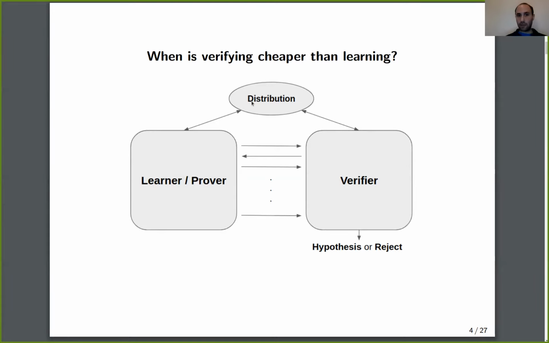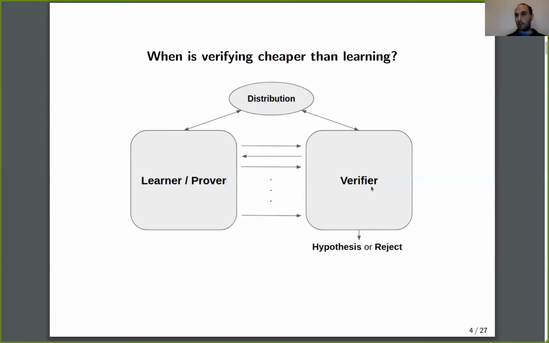The prover can also take samples from the unknown distribution, and the verifier and the prover can exchange messages. At the end of the interaction, after they finish sending messages to each other, the verifier will either reject the interaction or accept it and output some hypothesis. So, for example, maybe the prover will take samples from the distribution, run some machine learning algorithm, find a good hypothesis using those samples, and send that hypothesis as a message to the verifier.